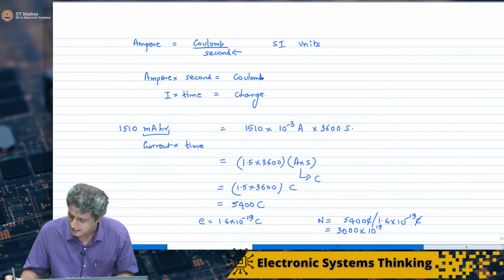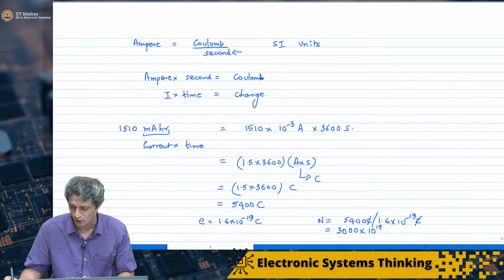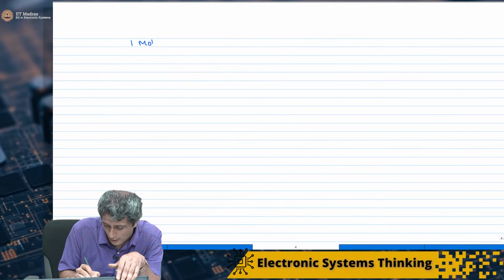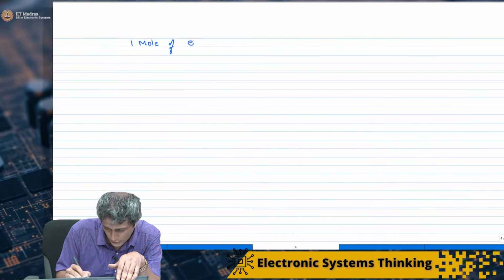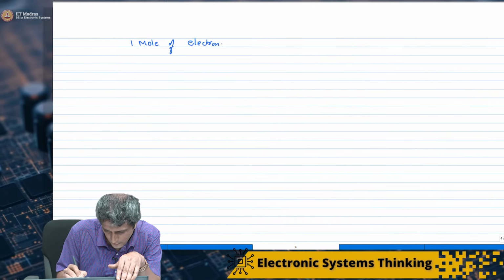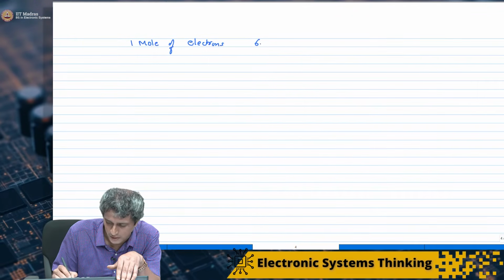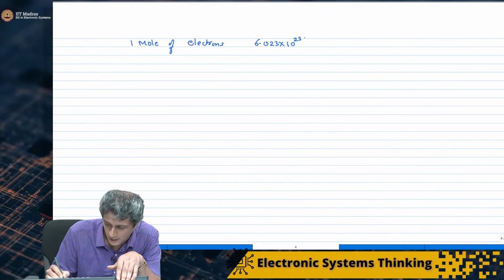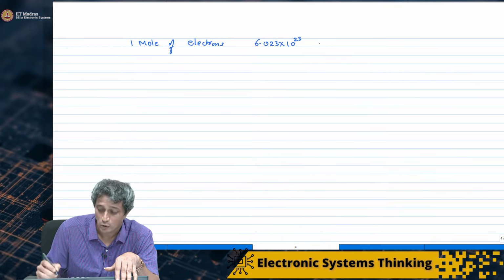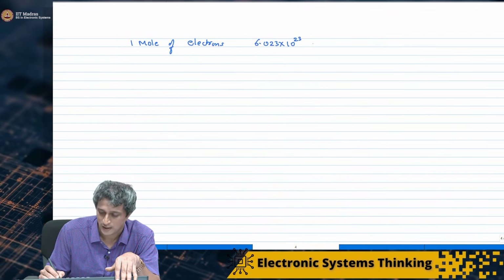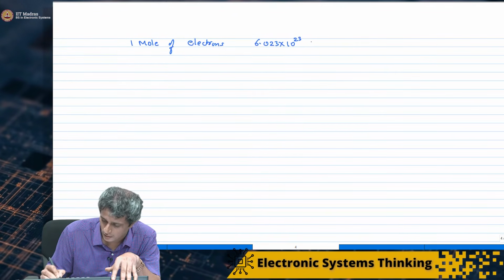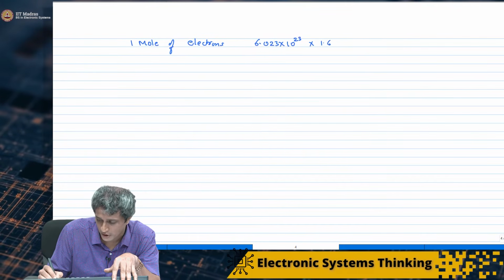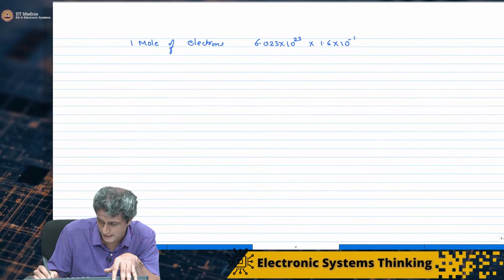Okay, that's how many charged particles you need. And just as an interesting number, if you take 1 mole of electrons, that is 6.023 into 10 power 23 electrons. The amount of charge that is stored in that is going to be 6.023 into 10 power 23 into 1.6 into 10 power minus 19.